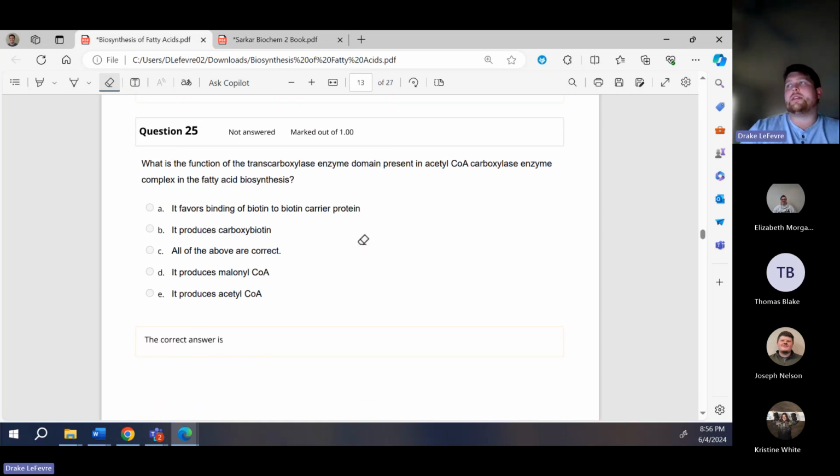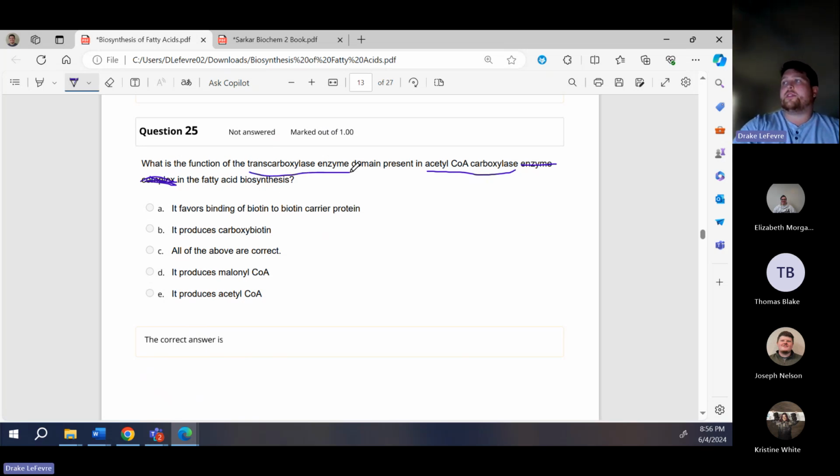What is the function of the trans-carboxylase enzyme domain present in the acetyl-CoA carboxylase enzyme complex? That's a lot of words. Literally, to just say acetyl-CoA carboxylase, you can ignore all of this in the fatty acid biosynthesis.